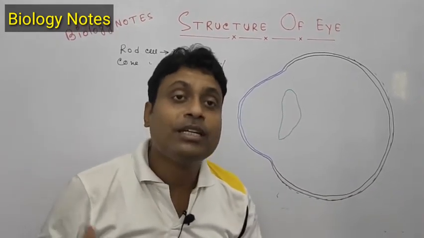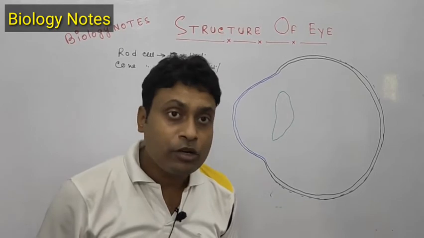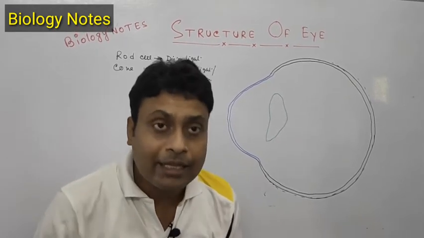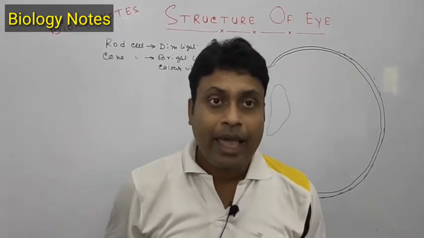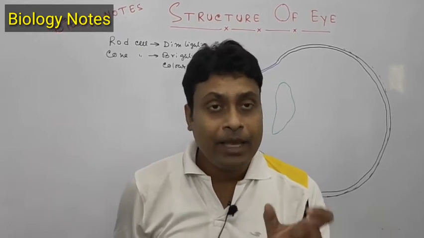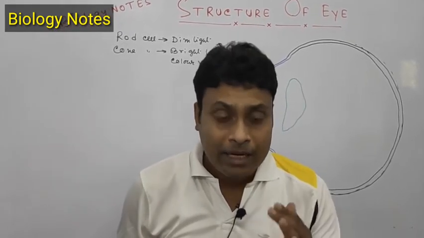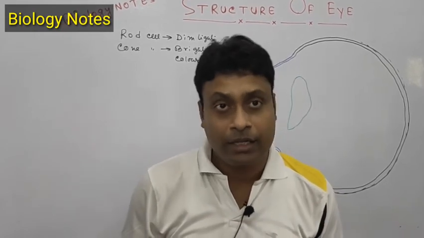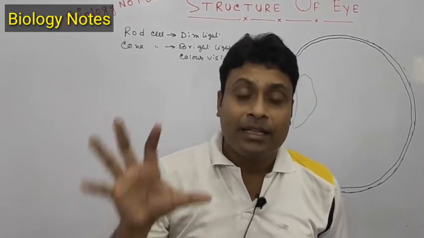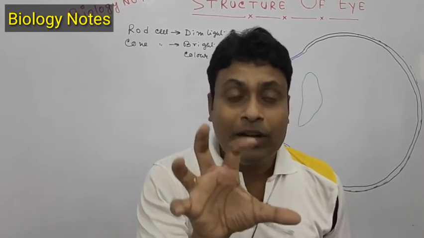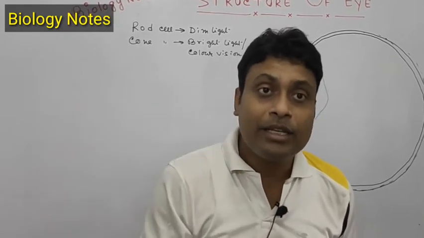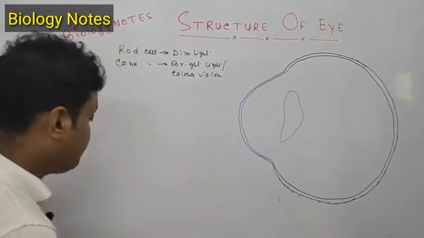Before going to the detailed structure of the retina, first of all we should know about another covering of our eyes. Actually, we can see externally only a very small part of the eye, and most of the eye remains embedded in the eye socket in our skull. The eye is a ball-like structure, and this ball is known as the eyeball.